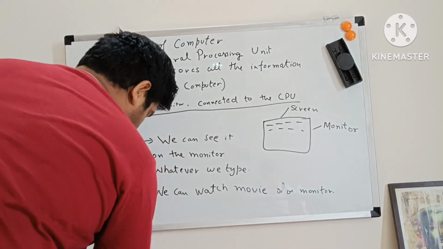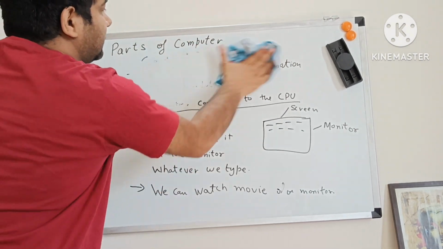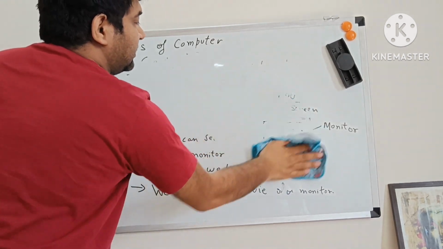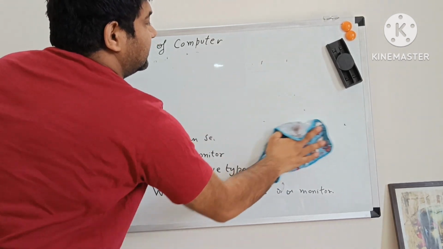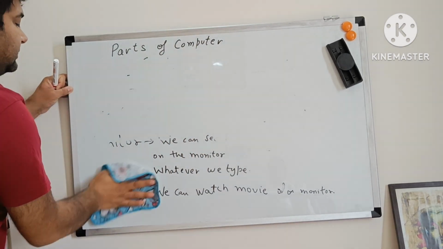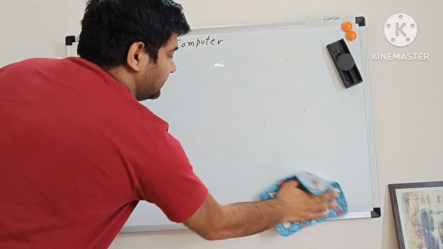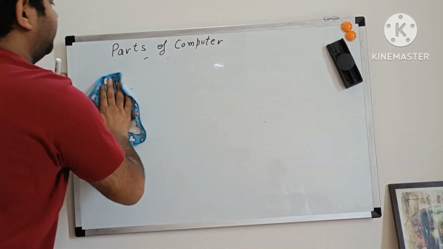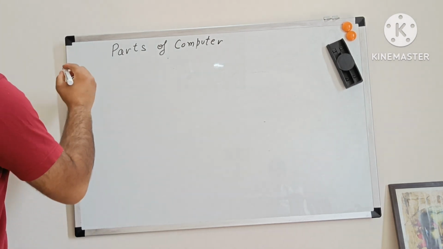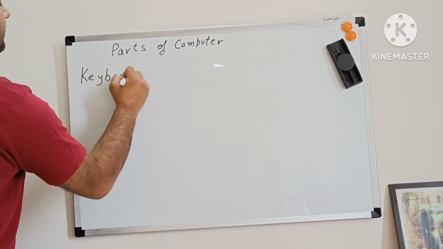Now tell me, what is the next part of the computer? Keyboard. Okay. The next part is the keyboard.